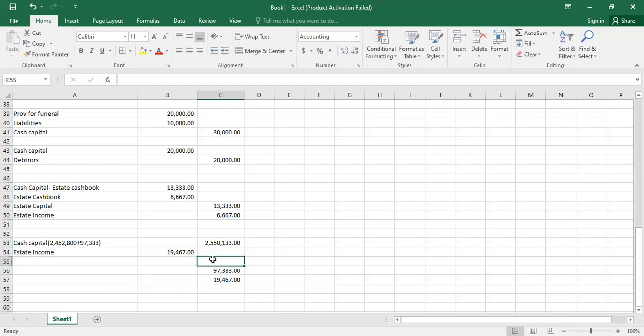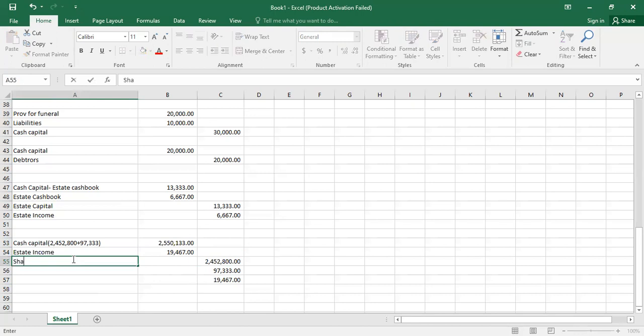So that was 24,52,800. This is supposed to be a debit, sorry. So this is the share capital for Kombo and Company. So we'll just say share capital.